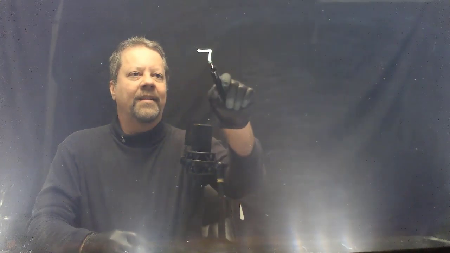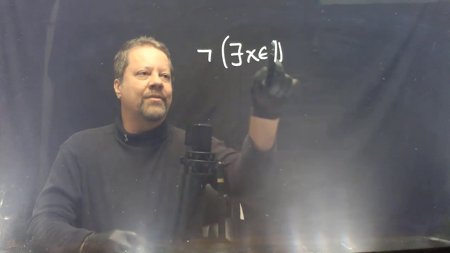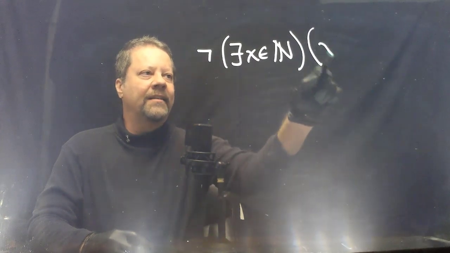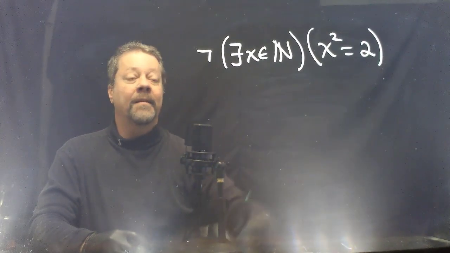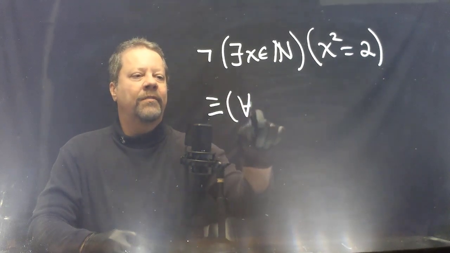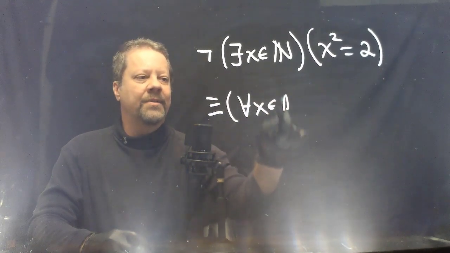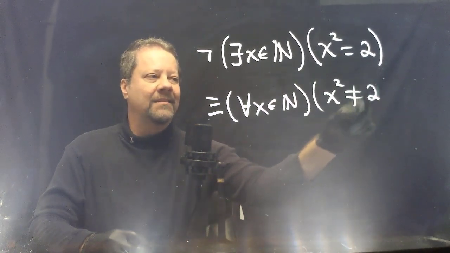What about it is not true that there exists an x in the set of natural numbers such that x squared equals 2? That would correspond to, for all x in the natural numbers, x squared is not 2.